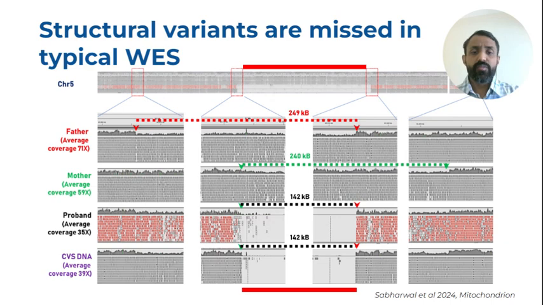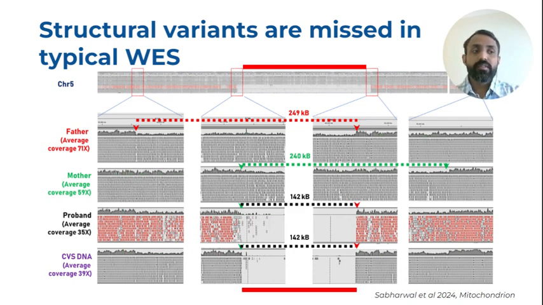So roughly that would mean that this proband essentially has a compound heterozygous genetic deletion with a common region of around 140 odd kilobases, apparently looking like a homozygous deletion. But in fact, it is a compound heterozygous deletion. So two alleles have two different deletions with a common region of around 140 kilobases.